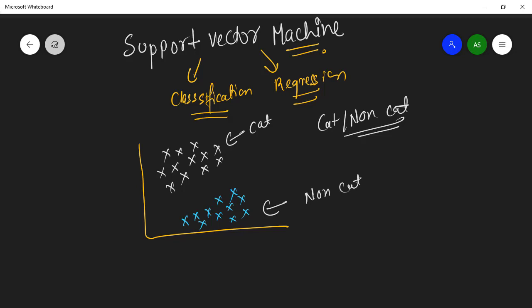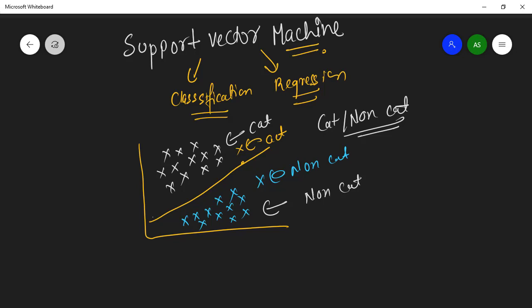So these are the data, and what SVM does is it constructs a hyperplane like this. And now whatever new point comes on or beyond here, this example will be CAT. Otherwise, if something comes here, then it will be non-CAT. So this is what SVM does.